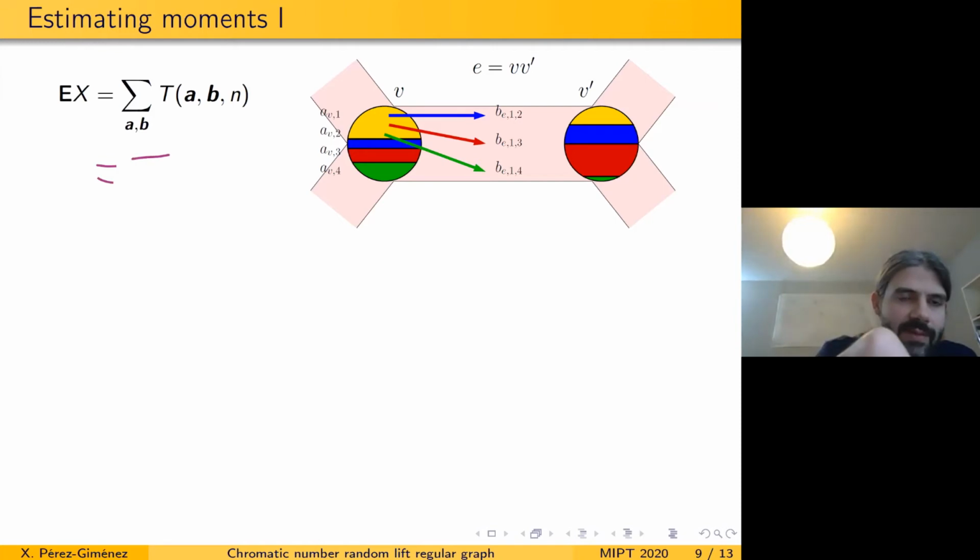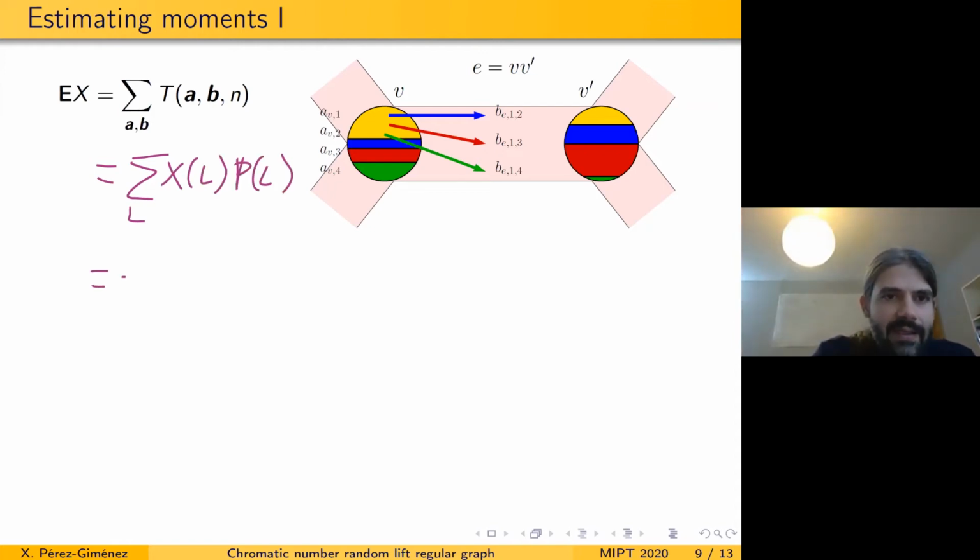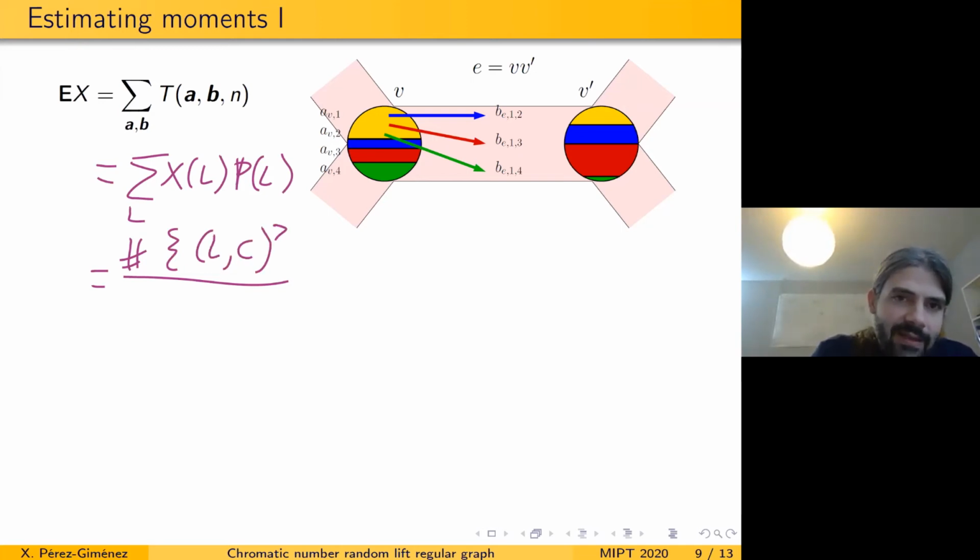You can just sum over all lifts the number of colorings of this lift times the probability of getting such a lift. But basically, you can turn that into a counting problem. You can count pairs of lift and proper coloring of that lift and divide by the number of lifts.